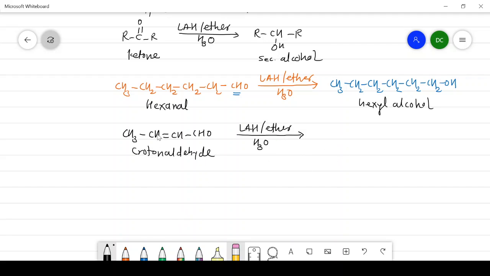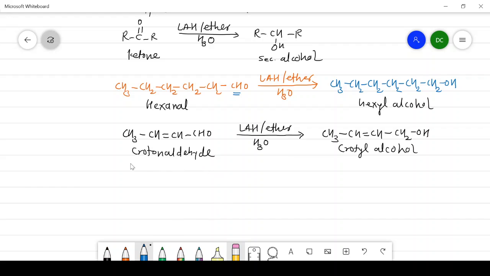This crotonaldehyde contains carbon double bond carbon and also carbon double bond oxygen, but the lithium aluminum hydride only affects the carbon double bond oxygen and it will convert this into CH2OH. The carbon double bond carbon remains unaffected. Therefore, we will get CH3 double bond here, then CH2OH, that is crotyl alcohol.